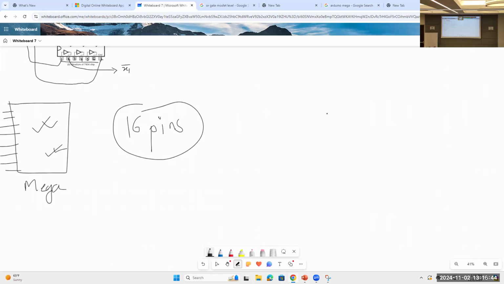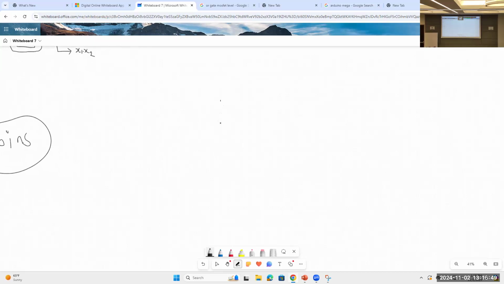Suppose we treat this as a box. When light falls on the photodiode, it generates an electrical signal, depending on the illumination; the light can be dim, the light can be bright. Is it UV light or anything, or just natural light?